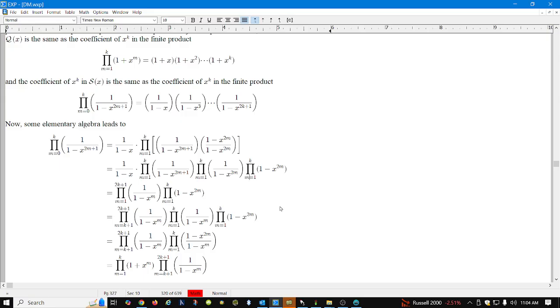What next? Well, I split this product. Here m goes from 1 to k of these same factors. And here it picks up at k plus 1 and goes to 2k plus 1. And the reason I did that is for the next line.